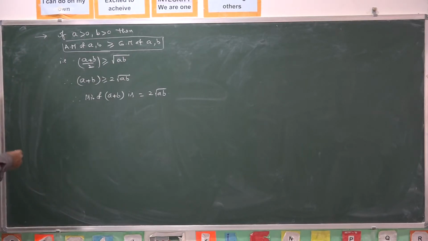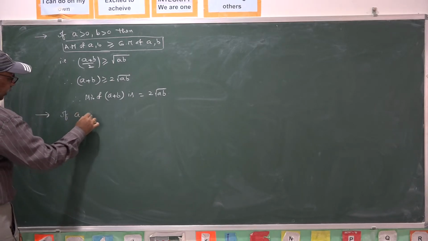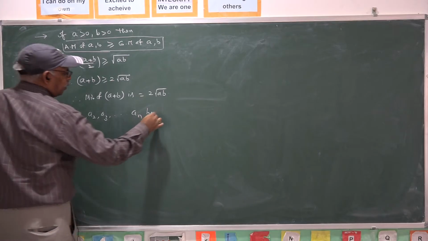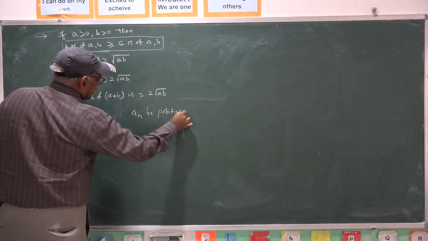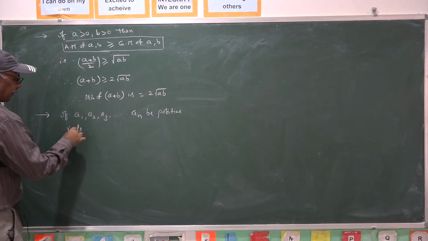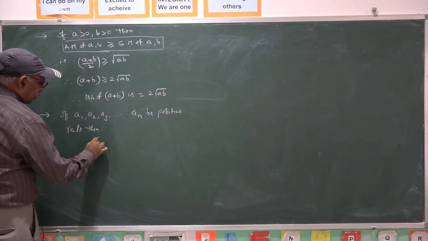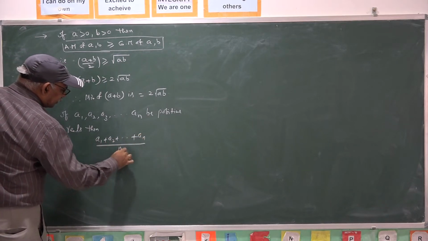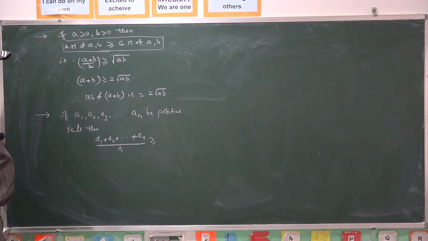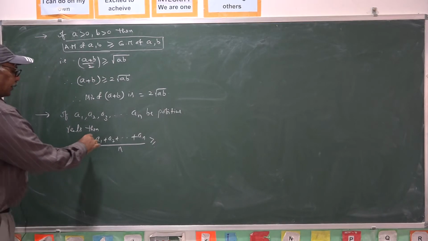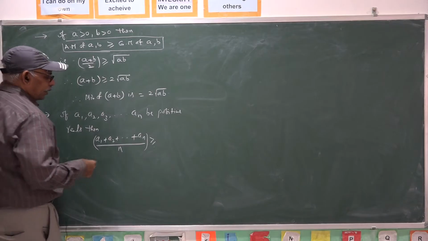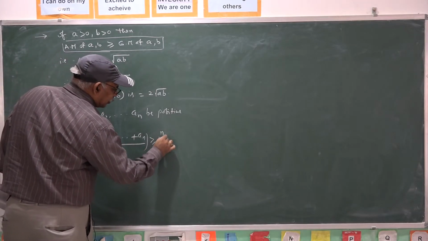So, on generalization of this point, if A1, A2, A3 and so on, AN are positive reals, then the arithmetic mean of these n positive reals, that is A1 plus A2 plus A3 and so on, AN by n, is greater than or equal to their geometric mean.